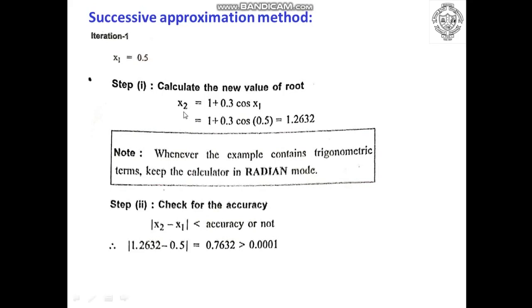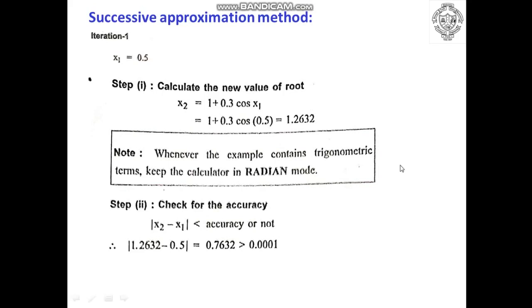So first step is find out the value of new root or next approximated root. So formula is x2 is equal to 1 plus 0.3 cos x1. So I will put value of x1, 0.5, here. So I'll get 1 plus 0.3 cos 0.5. So answer is 1.2632. So now, since the accuracy criteria is given, we have to check the accuracy, that absolute subtraction between x2 and x1 must be less than accuracy.